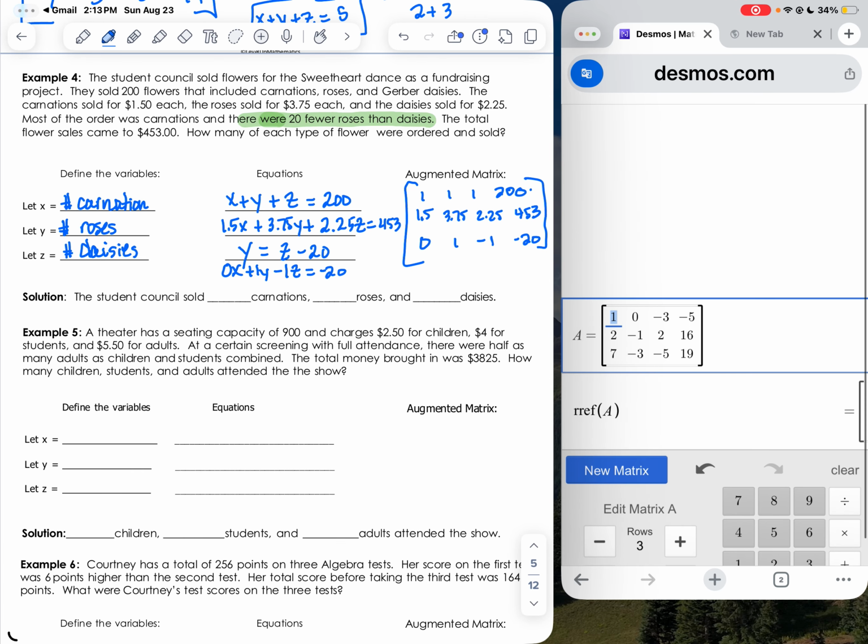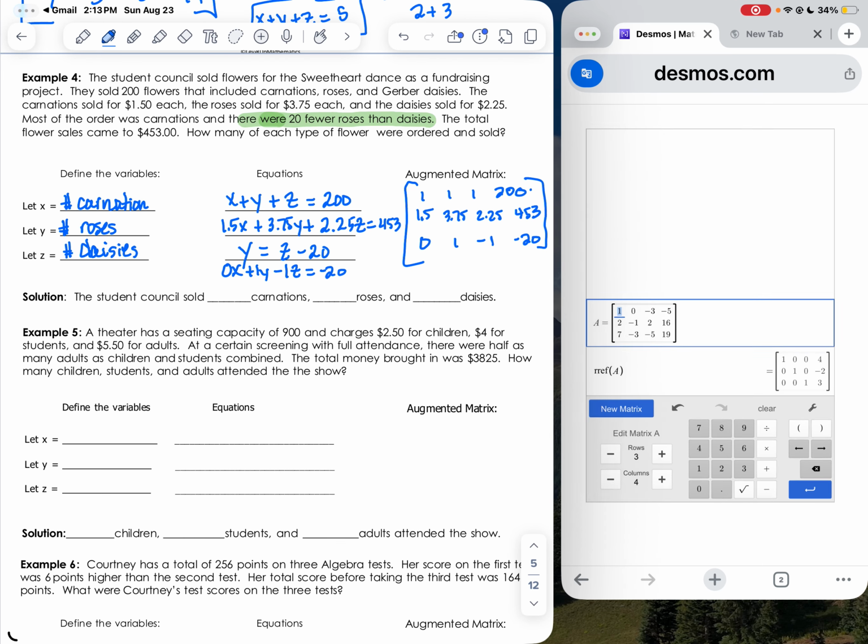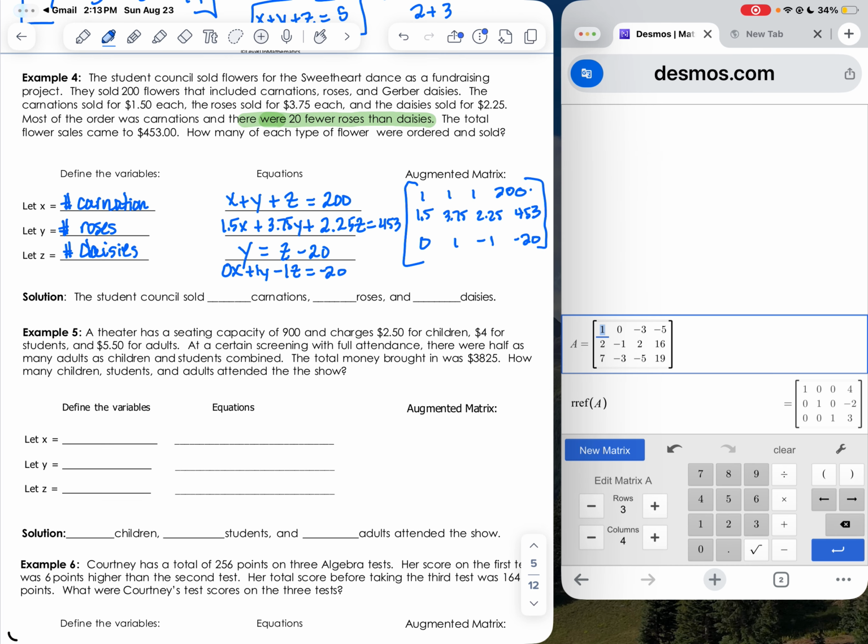All right, now I'm going to come back. I'm going to just edit my original matrix here. We have 1, side arrow, 1, side arrow, 1, side arrow, 200, side arrow, 1.5, side arrow, 3.75, side arrow, 2.25, side arrow, 453, side arrow, 0, side arrow, 1, side arrow, negative 1, and negative 20.